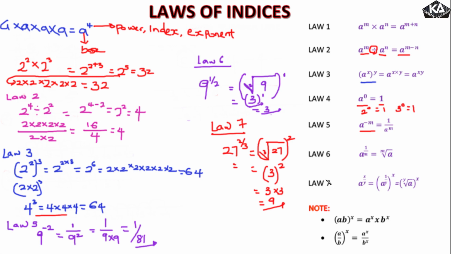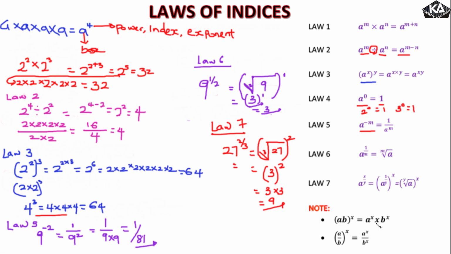But I gave some other notes here. This will be of help when it comes to indices and solving. There are some cases whereby you have ab raised to power x. You see that this is two different bases having the same superscript index. How do you go about it? You split it: a raised to power x times b raised to power x.